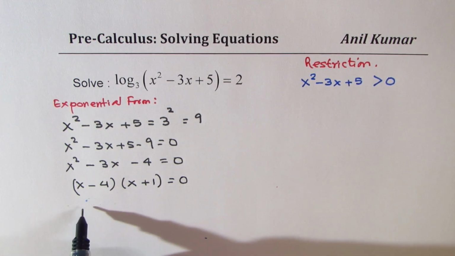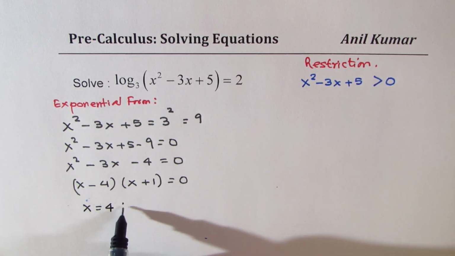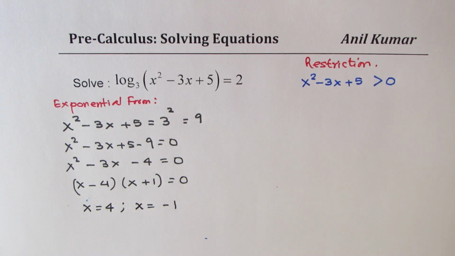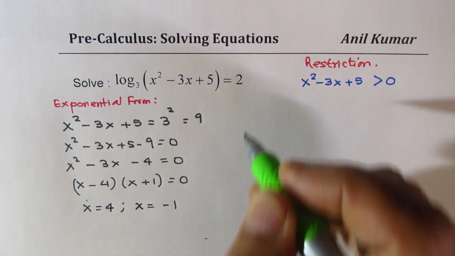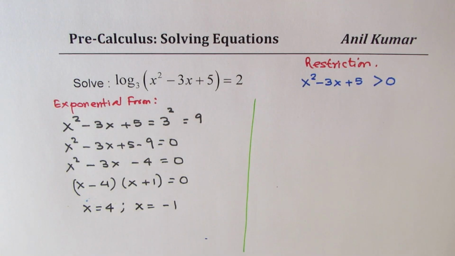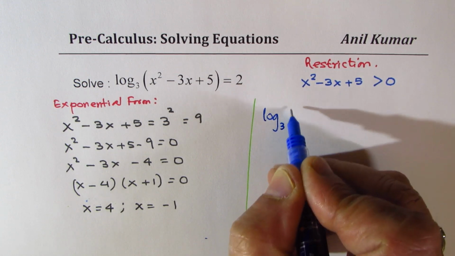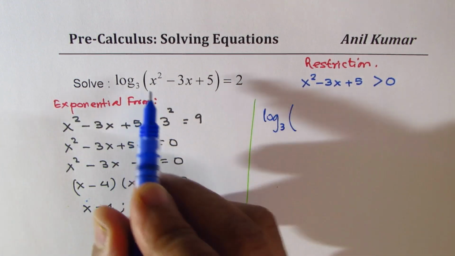That gives you two solutions. One is x equals 4, the other one is x equal to minus 1. Now these are my two solutions. Now we need to check our answers for sure. So let's make a small check. So in this equation, which is log to the base 3, if I substitute 4, what do I get?